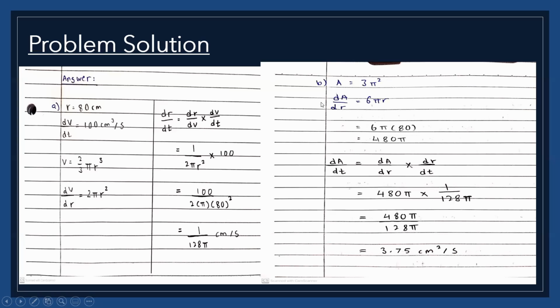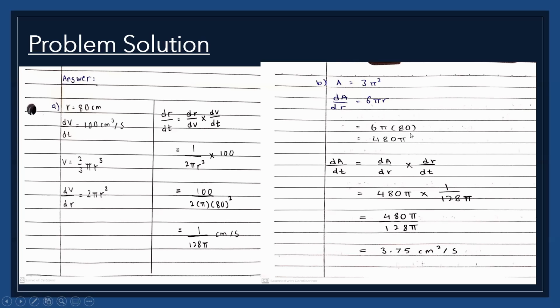For question B, the question is asking what the rate of change of the tank surface area is. This question is related to question A. We know the area is 3πr², so the rate of change of the area with respect to the radius is 6πr.